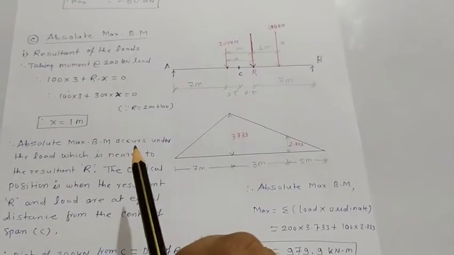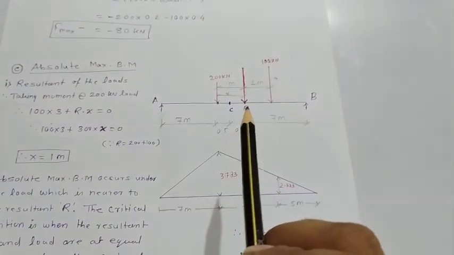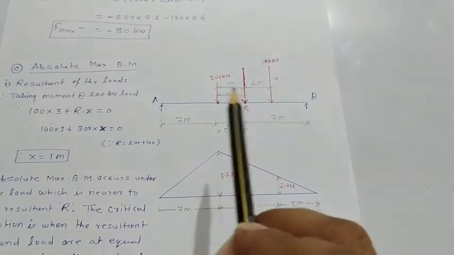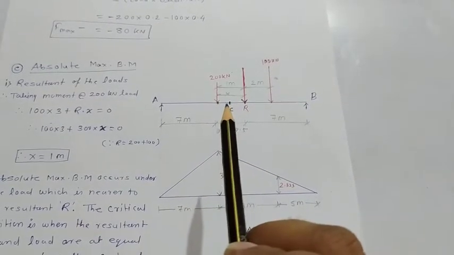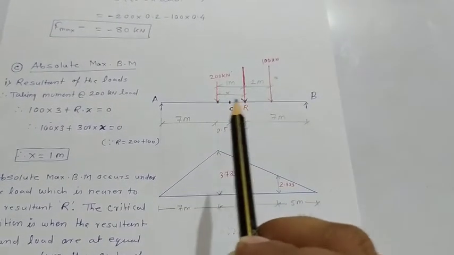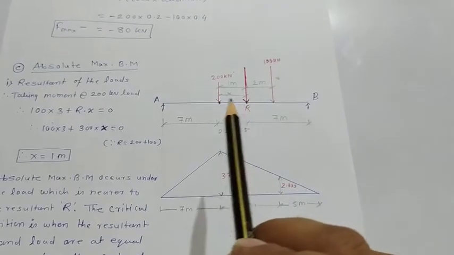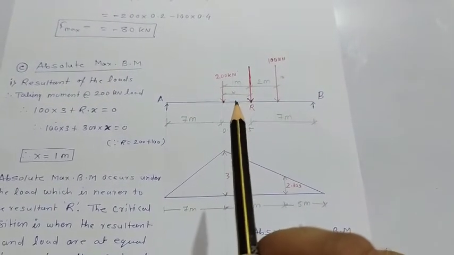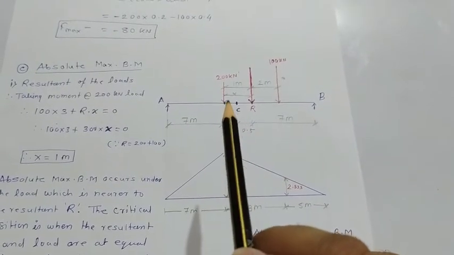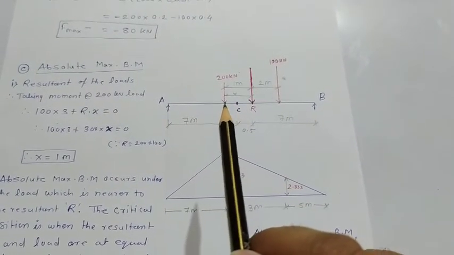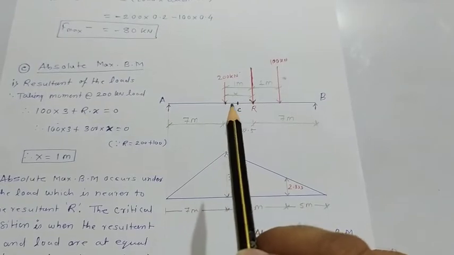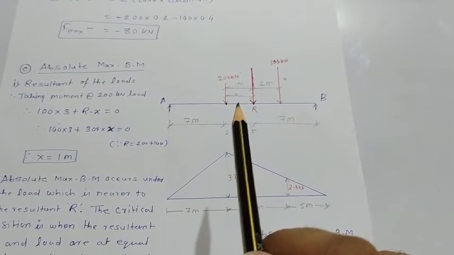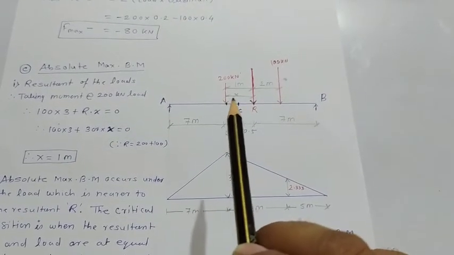So we have to first locate the position of the load system which is equally spaced from the center. Our x is 1 meter, so we place the load system in such a way that the distance of the 200 kilonewton load and the resultant R from the center are the same.